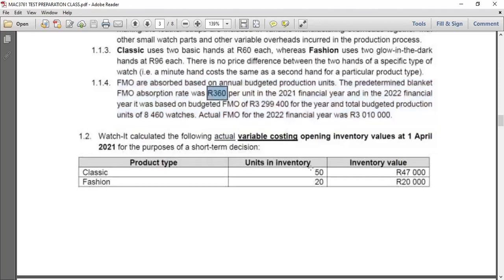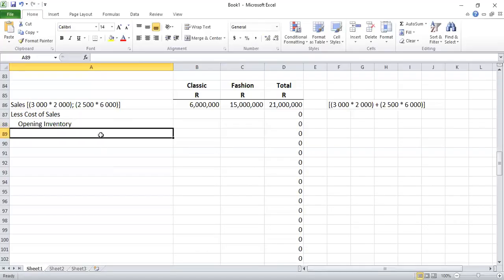And we know that the units of classic were 50, the units of fashion were 20. So to this value, we then add the fixed overheads. For classic, we take the one we're given for direct costing, which is 47,000, plus the fixed overheads: the number of units, 50, multiplied by the fixed overhead per unit, which is 360.